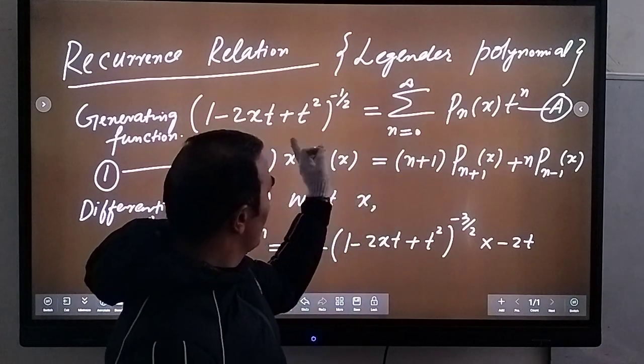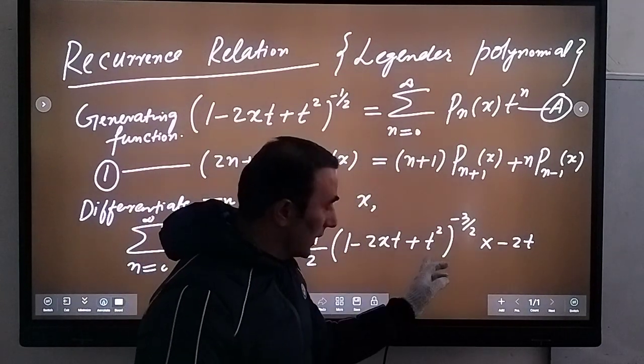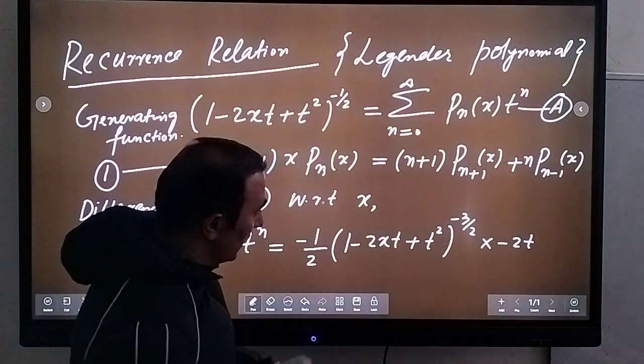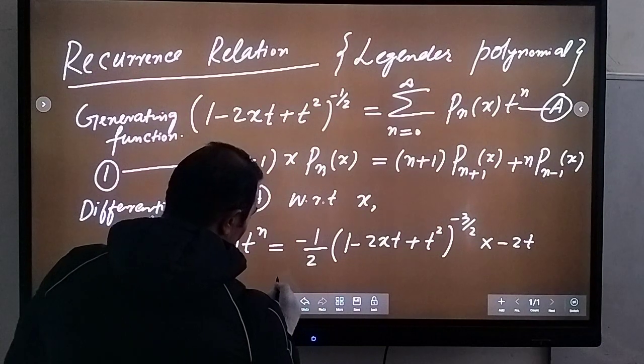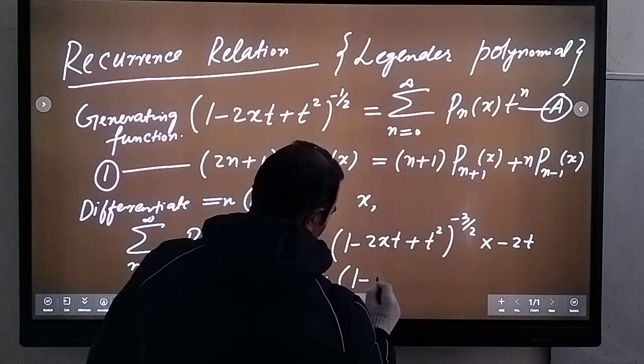When we differentiate this part with respect to x, it will be minus 2t and this will be constant here, right? Now you can rewrite this as, this will be equal to t into 2xt.